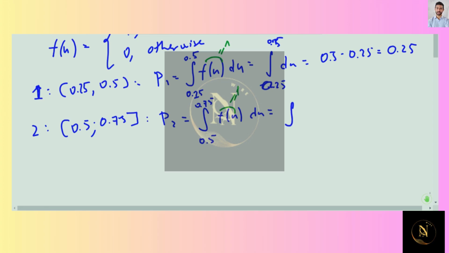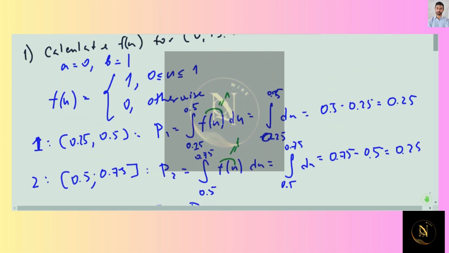Therefore, it equals the integral of du from 0.5 to 0.75, which is exactly 0.75 minus 0.5, which equals 0.25. So those probabilities are the same. Now we've answered the first question, question A.